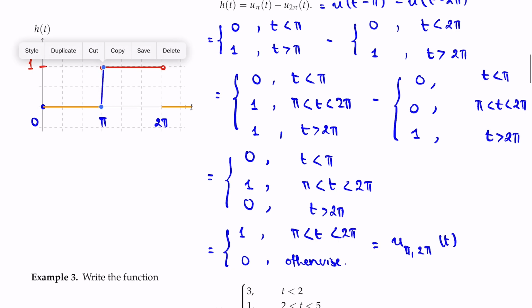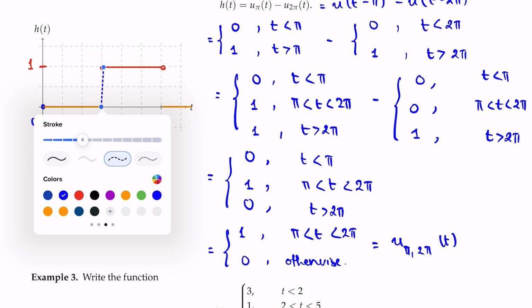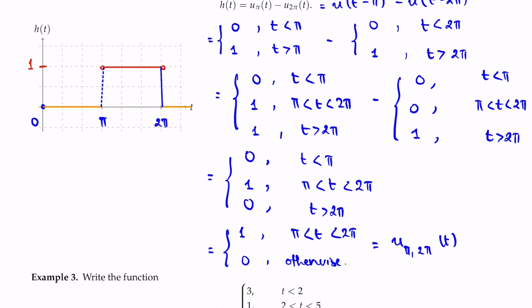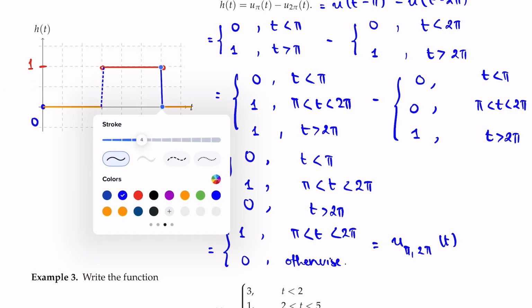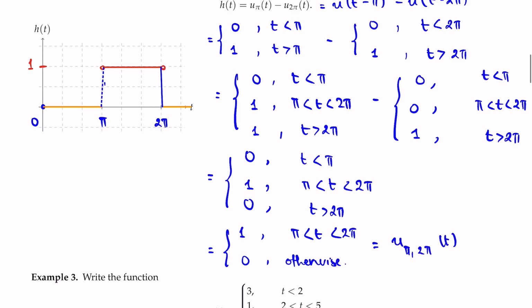Let me change this to a dotted line. It's not really straight for some reason. Okay, but you get the idea. So that is the rectangular window function. Any questions on this? No. Good. You follow along?